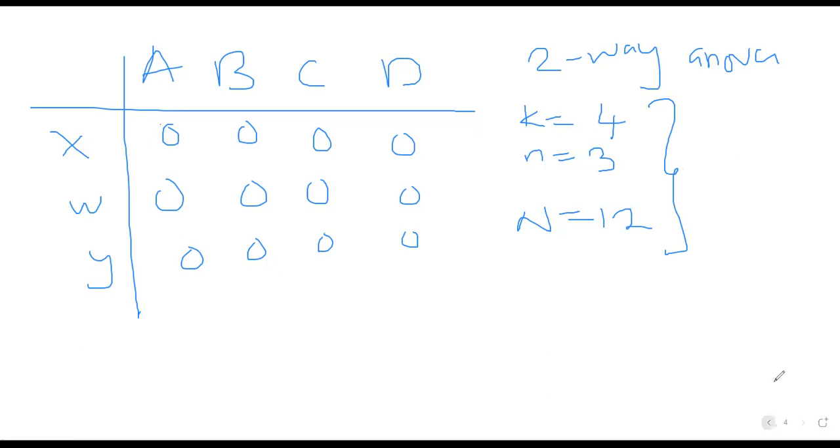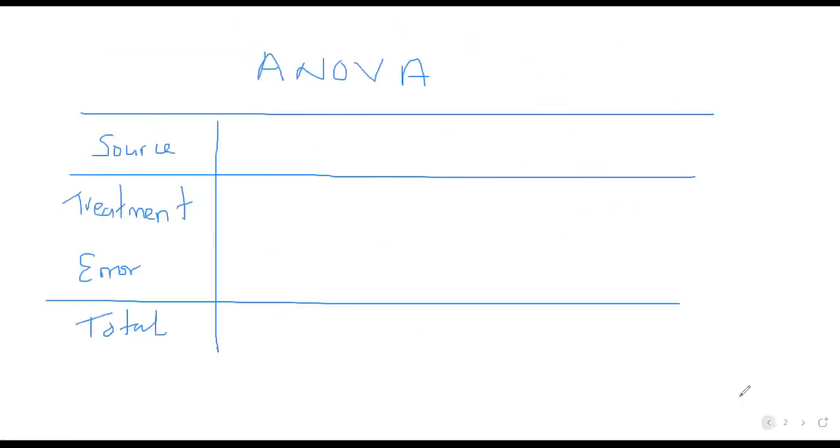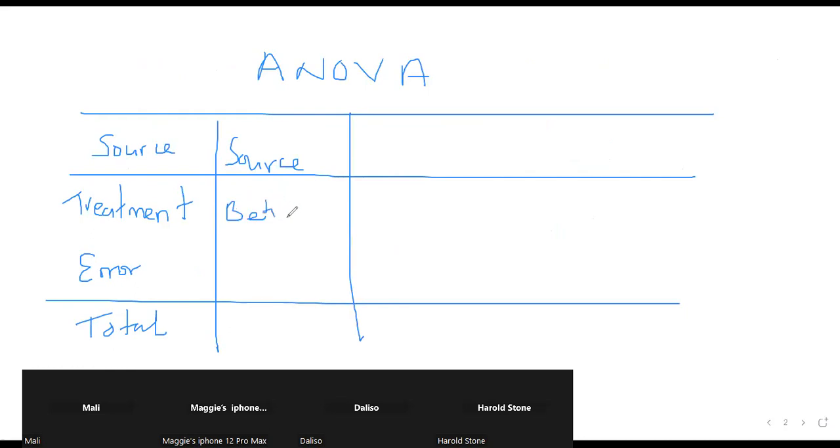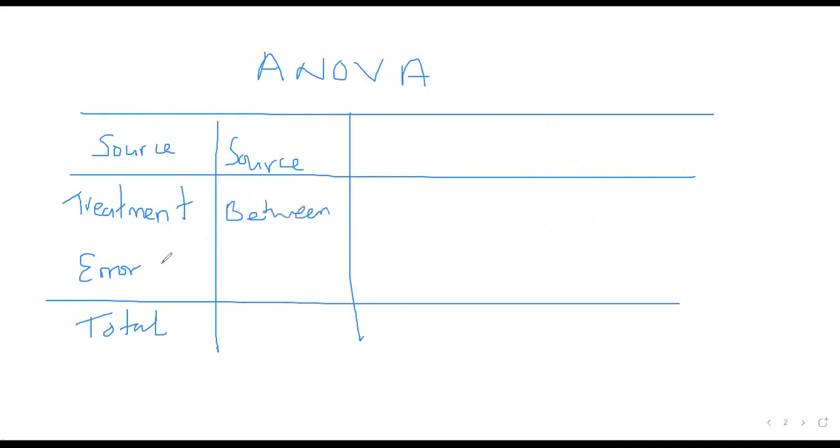Now, we have what we call the sum of squares. The source comes from three sources. We have the treatments, which are the columns, which we call between. The rows are for a two-way ANOVA. Then the variation within the columns is the error, and then we have the total.